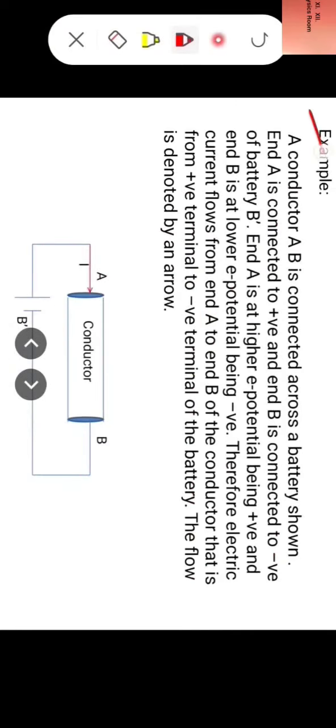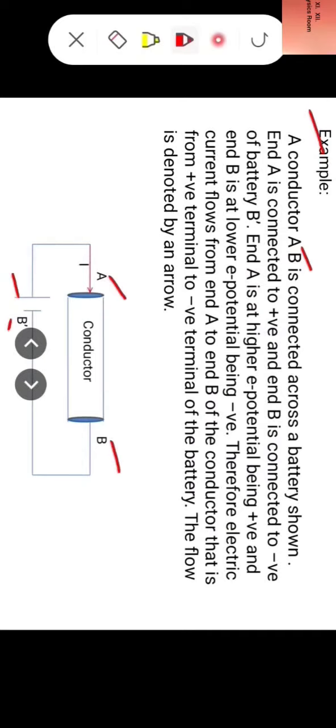Example: a conductor AB is connected across a battery as shown, and A is connected to the positive and B is connected to the negative of battery B dash.